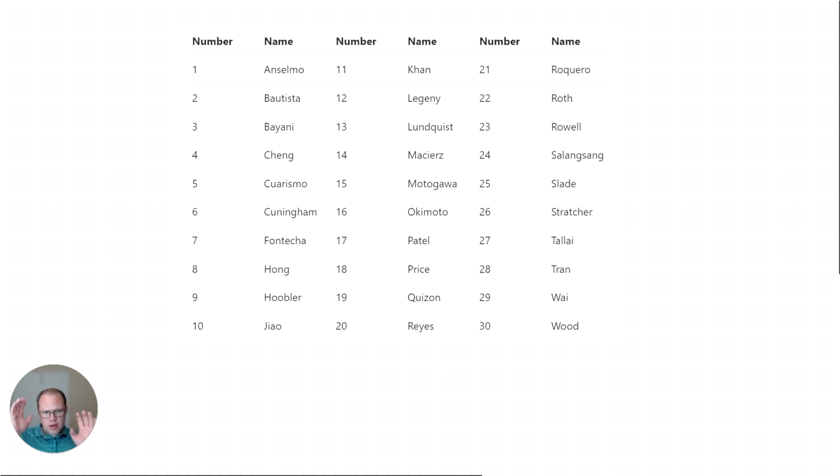This is a list of students in a class. And say we want to pick 6 students. We want to randomly sample 6 students to be in a study group together.